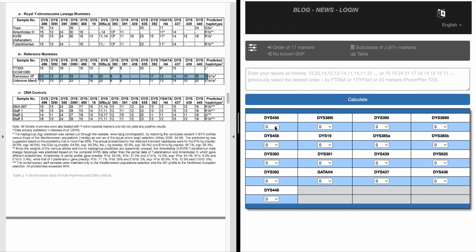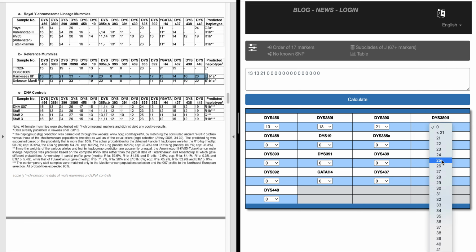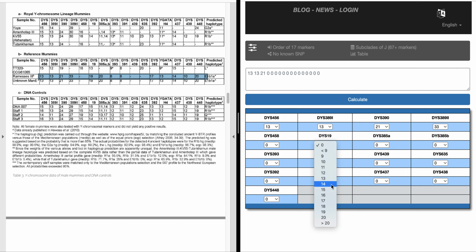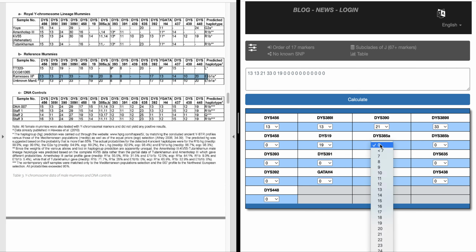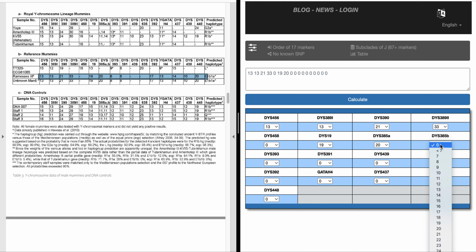All right, so we have 456 is 13. 389 is 13. 390 is 21. 389-2 is 33. 458 is blank. 19 for 19. 20. 20. 393 is 8. 8.